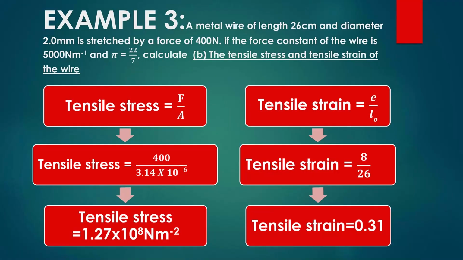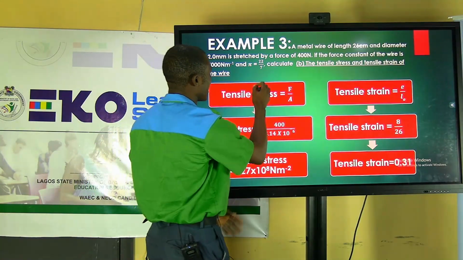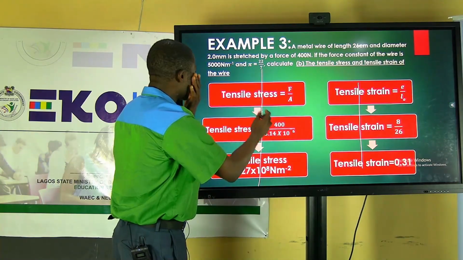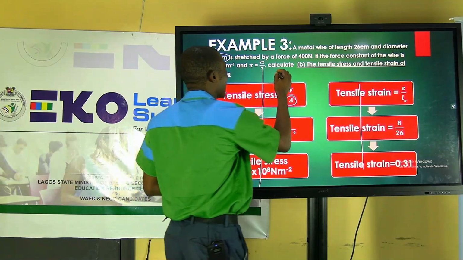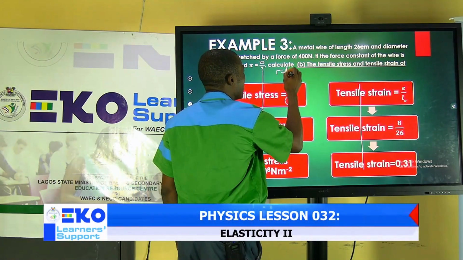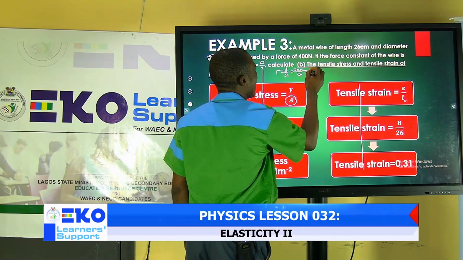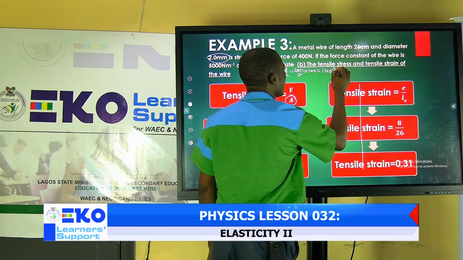For the second part of example 3, we are asked to calculate the tensile stress and the tensile strain. From tensile stress, it's force over area, and area is not given. Remember, you are given diameter, which tells you it's a circular object. Radius is diameter over 2, so that's 2 millimeter over 2, which is 1 millimeter, and in meter that's 1 times 10 raised to the power minus 3 meters.